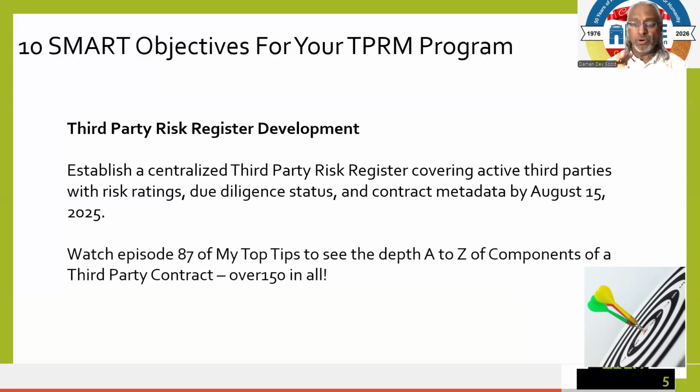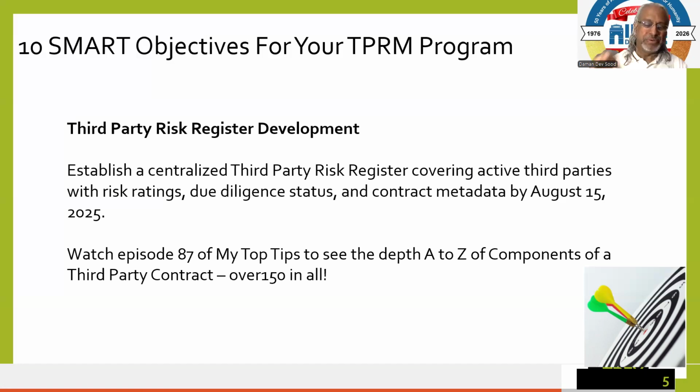When we say contract metadata about third parties, this is large. So my request is please watch episode 87 of My Top Tips, which I would have delivered a few weeks ago, to see the depth of this metadata or data from third parties, A to Z components of a third party contract, where I covered over 150 in all.